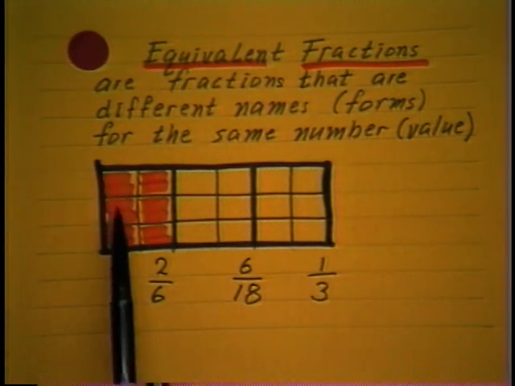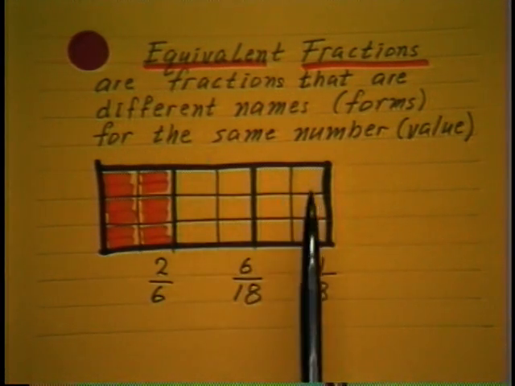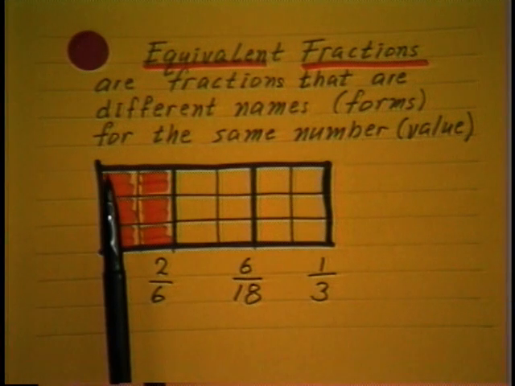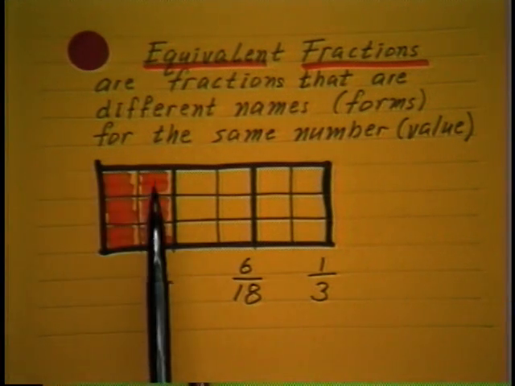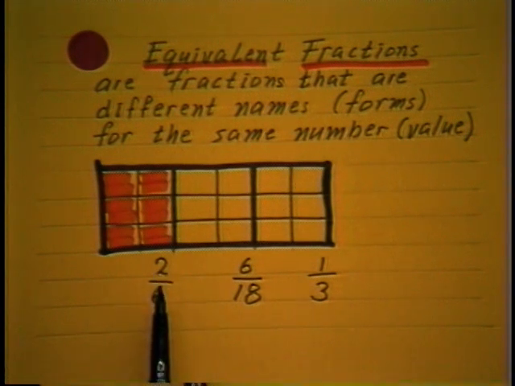But if we concentrate on each of these vertical strips alone, then we would say I have shaded in 2 vertical strips out of 6. 2 out of 6.